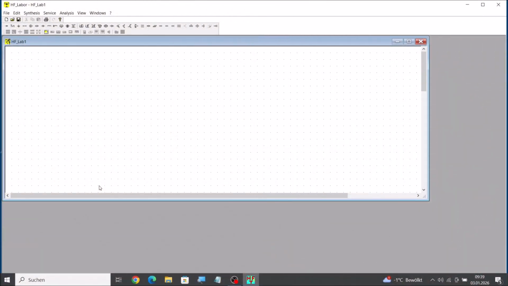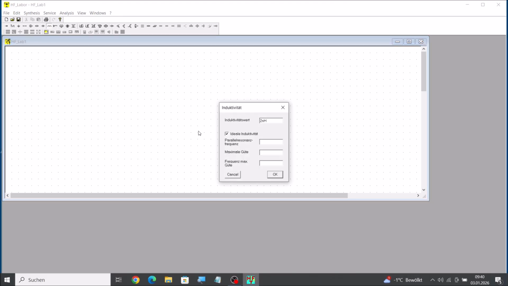Together, today I want to solve the example of the lossless two-port with the help of my simulation tool. To start the simulation, we take an inductor and put it onto the circuit board, and we can change the value of the inductor to 20 nanohenry.